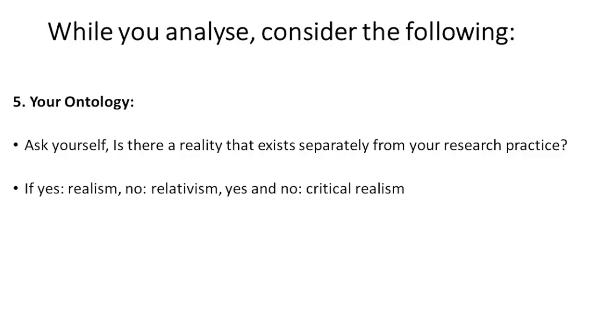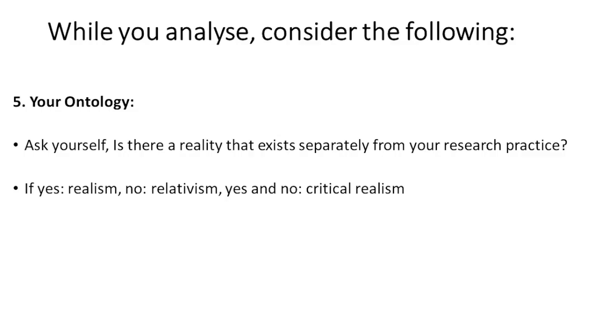If you answered yes, then your research leans towards what they call realism. If you answered no, then you're leaning towards relativism. If your answer is kind of yes and no, or it depends, then your theory of reality sits within what they call critical realism.